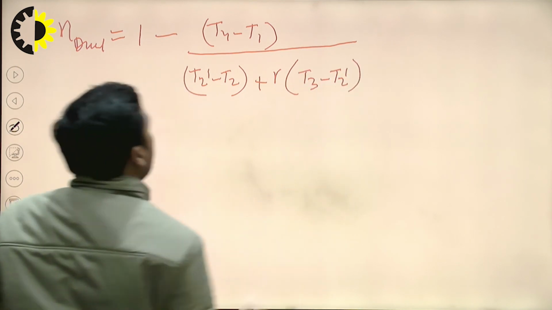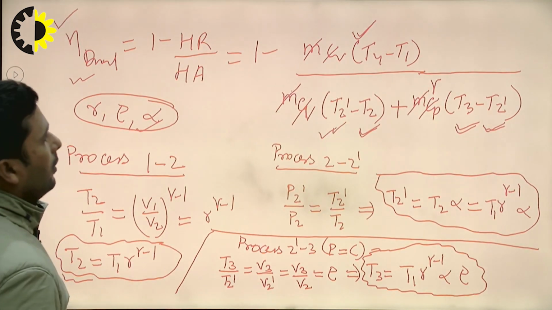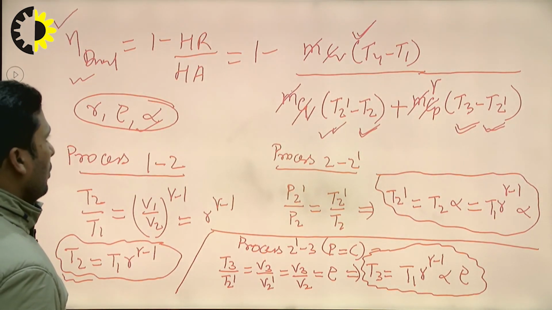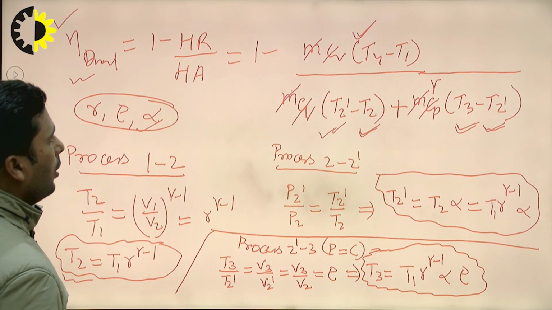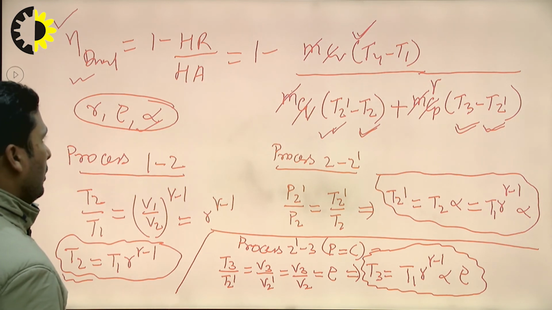Okay. So, we will put the values of T4, T3, T2 dash and T2.